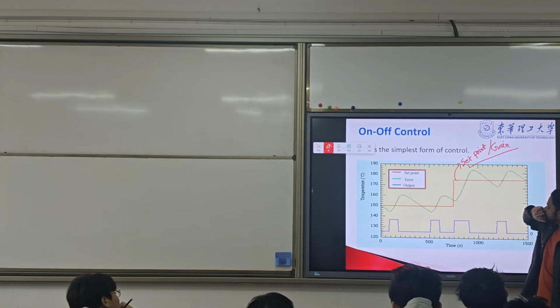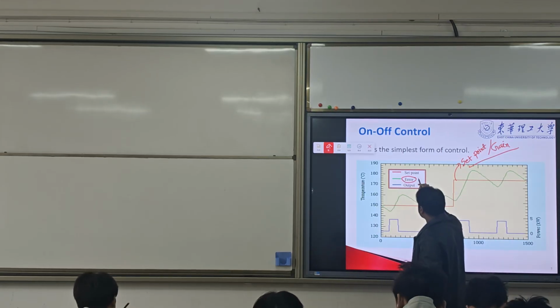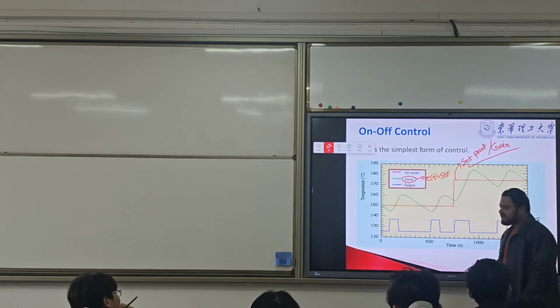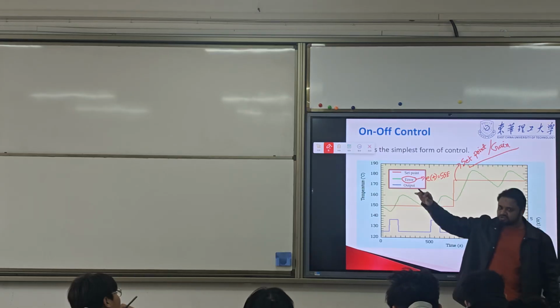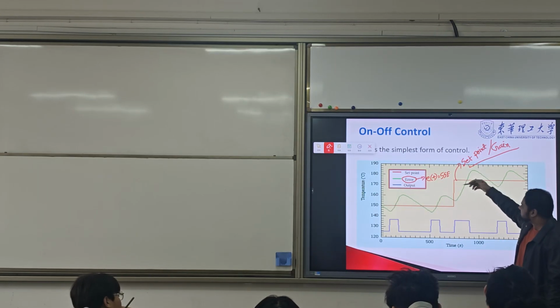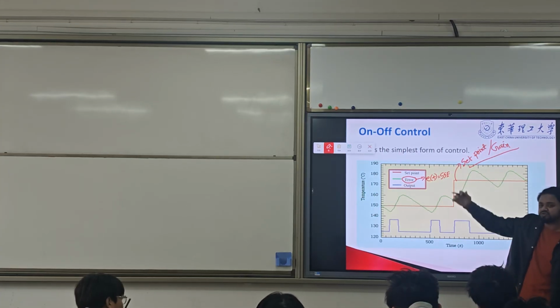Now, this arrow, we call it e(t), or steady state error. As the time increases, respective to the gain, the error also increases.